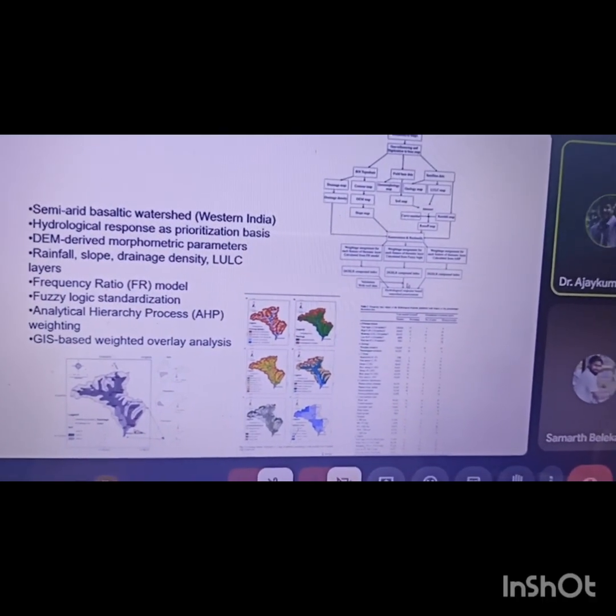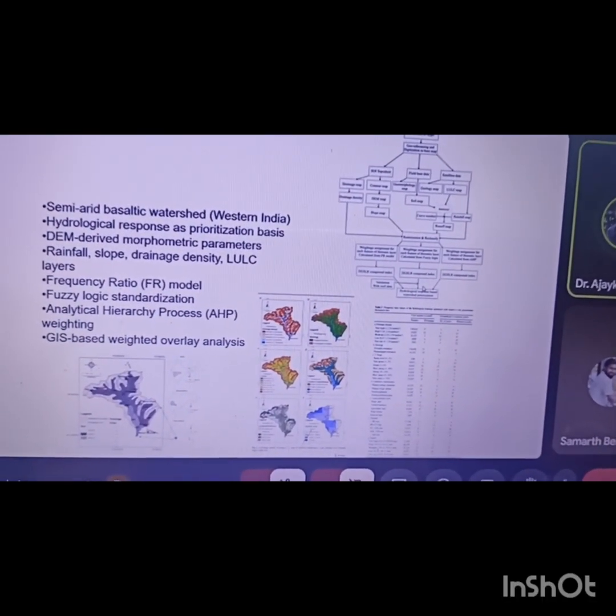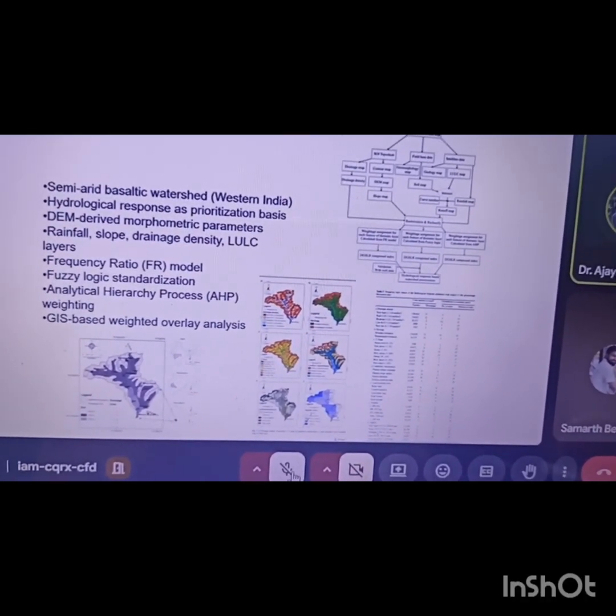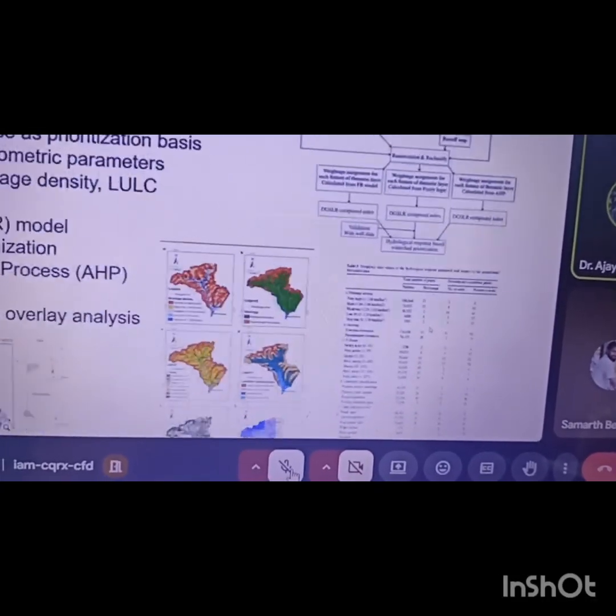Here we developed a hydrological response based methodology. That is a new methodology developed in my PhD. We are using different methods such as frequency ratio, fuzzy logic, and analytical hierarchy in the GIS environment. Let me explain the methodology.